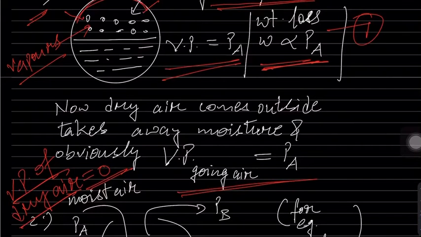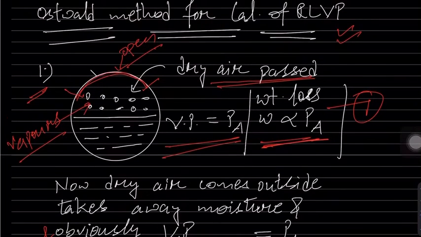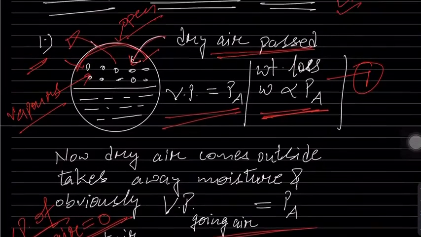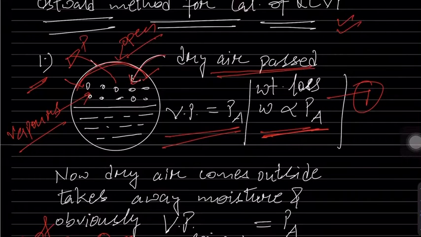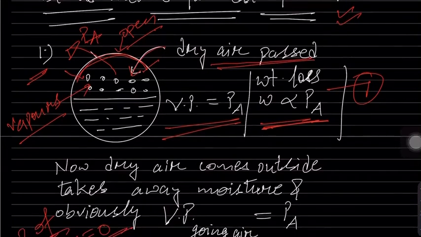Completely dry, no vapors, so no vapor pressure. So it has taken the weight along with it, and it is going outside like this. Everybody understands this? Very well. So vapor pressure of the outgoing air will be equal to the vapor pressure initially maintained in the container.